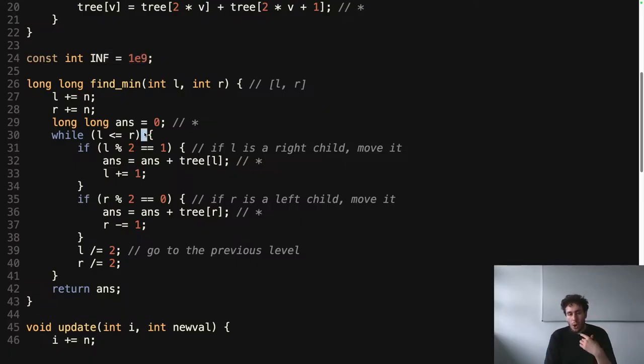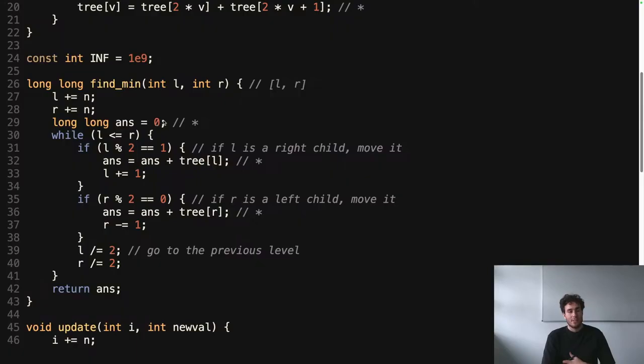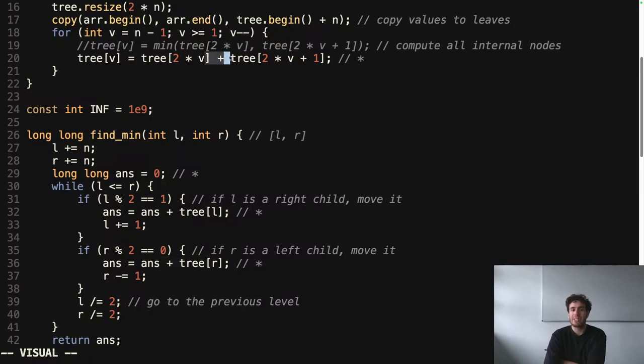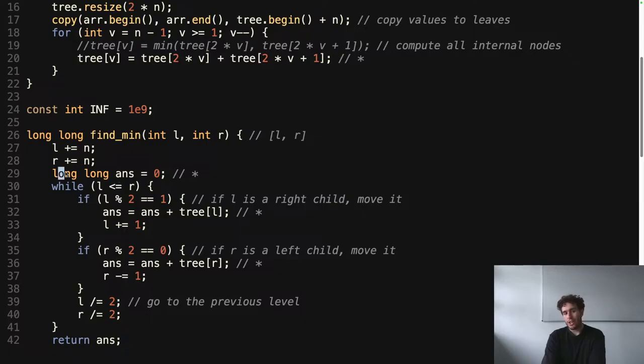Or you can have GCD, you can have product, anything like that. The only thing you need to change is this operation. So what do you do with the values? In this case, we always add values. If it's going to be minimum, you always take minimum of the values. And the other thing you need to change is the initial value.